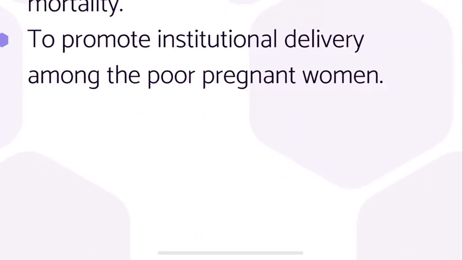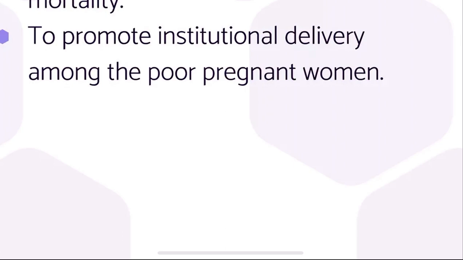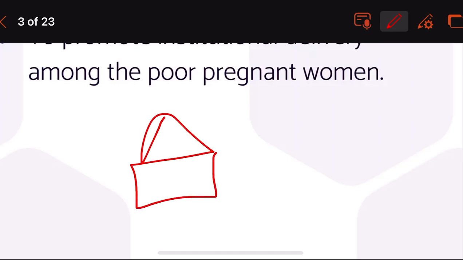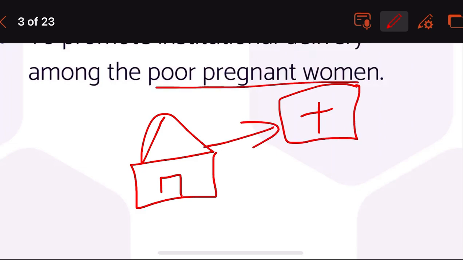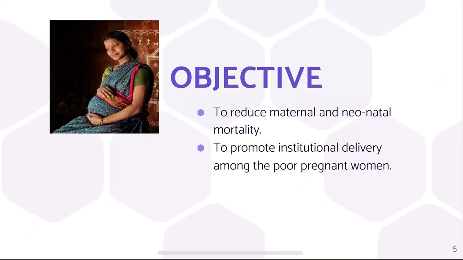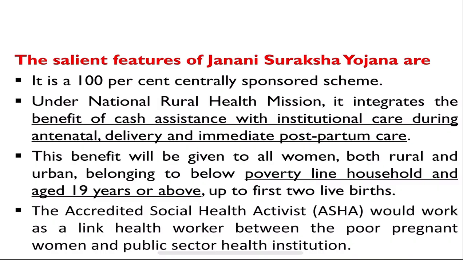We are also promoting institutional delivery among poor pregnant mothers, instead of home deliveries. Clear, the objectives: reduce maternal and neonatal mortality, and promote institutional delivery.